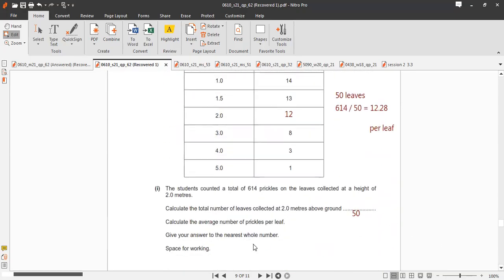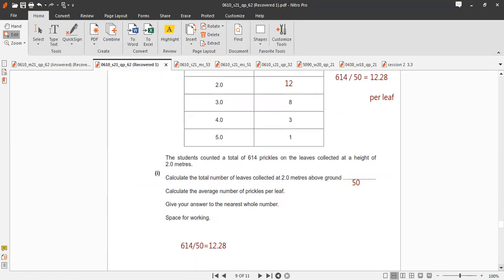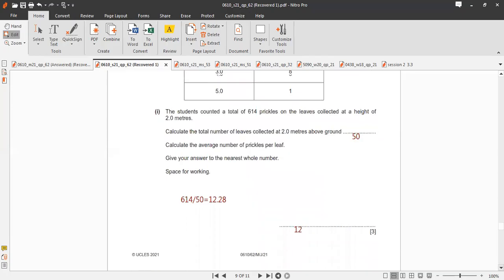Calculate the average number of prickles per leaf. Give your answer to the nearest whole number, space for working. Here, I divided 614 by 50, the total number of leaves, and it equals 12.28 per leaf. This is the average, so it equals 12.